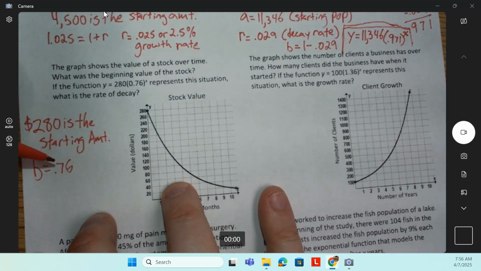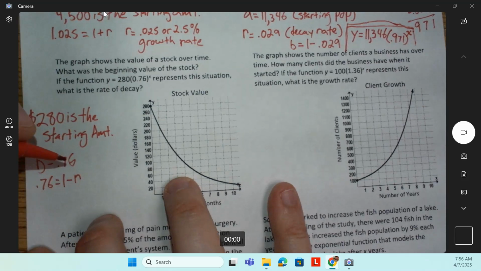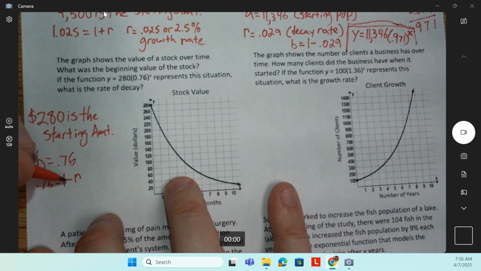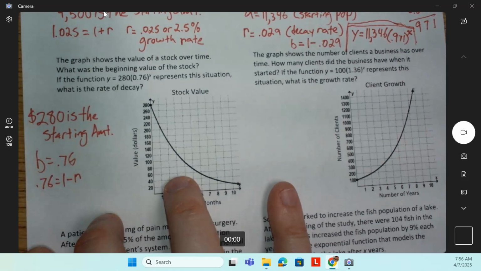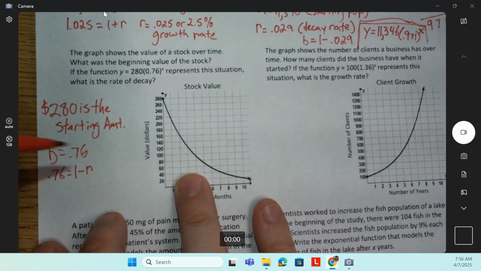And so since that's a decay, we'll say 0.76 equals 1 minus the rate, which means if I add the rate to both sides, basically we'd swap these, and to get whatever r is, we'd take away 0.76 from 1.